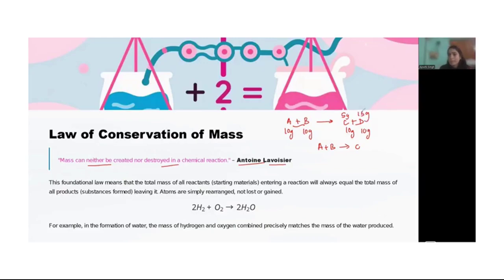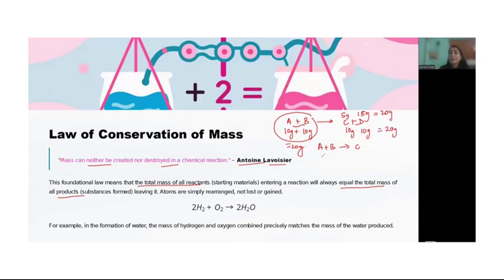Anyhow, if you do the sum total of the mass of all the reactants, it would be equal to the total mass of all the products. Here, if we add them, it will be 20 grams, and here also you'll add, it will be 20 grams.